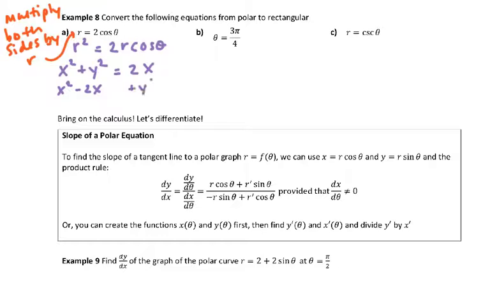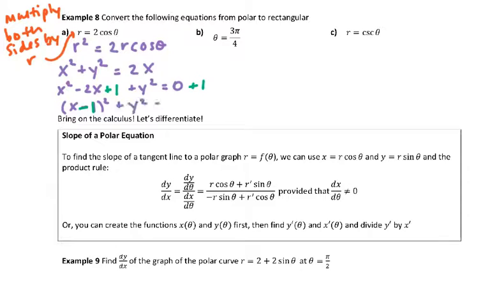Oh, you know what we do here. If you think way back to your conics, what we're actually going to do here is try to complete the square. So to complete the square, I'm trying to think of something x minus half of this term here would be x minus 1 squared, which means that number squared is what I need to add in here, which means I also need to add it in here.